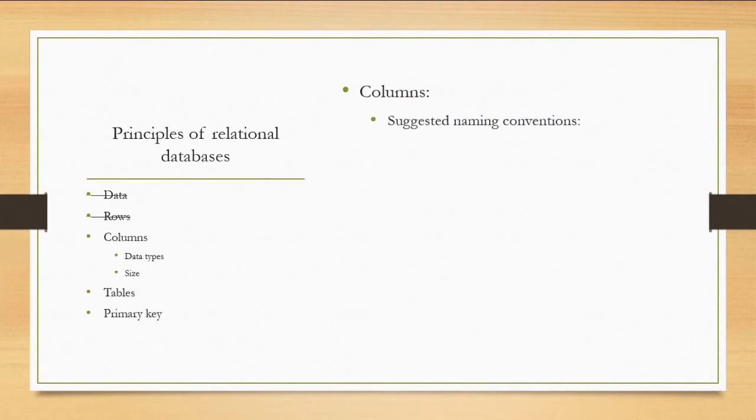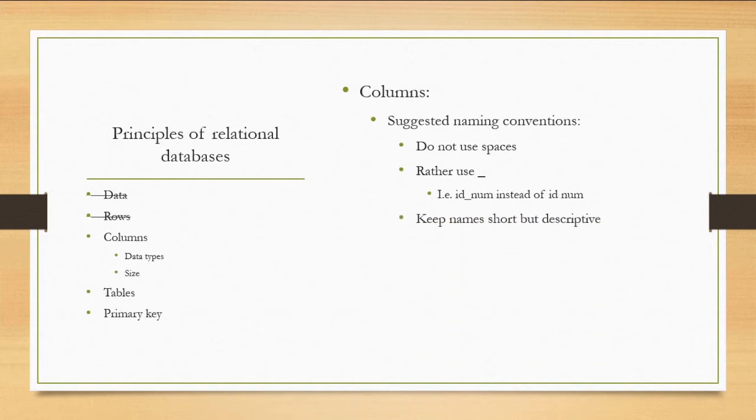Let's look at some suggested naming conventions of column names. Do not use spaces. Rather use underscore. For example, ID underscore num instead of ID space num. This can be useful to try and stop many errors from coming forth when starting to program with a database. Keep names short but descriptive.